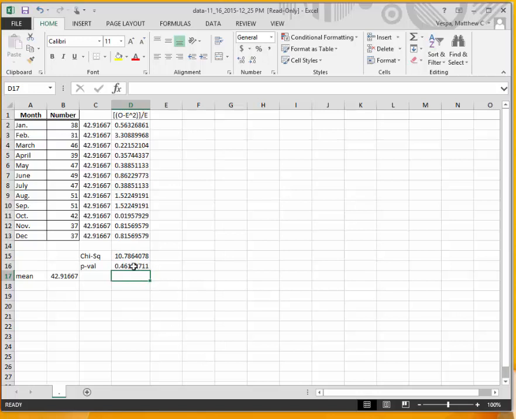So this is the p-value for my particular test. This is the probability of seeing observed values differ from the expected values more than what we saw. Okay? So what we've seen is not terribly unlikely based upon the assumption that murders are occurring with equal frequency per month. I'll then leave it to you to draw your conclusion for the test.